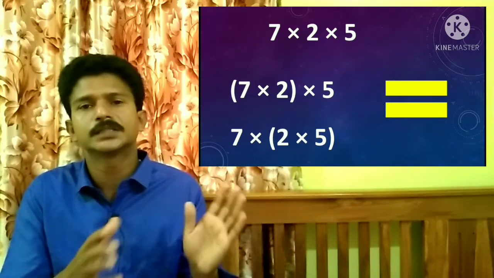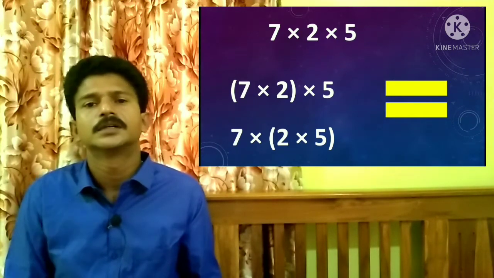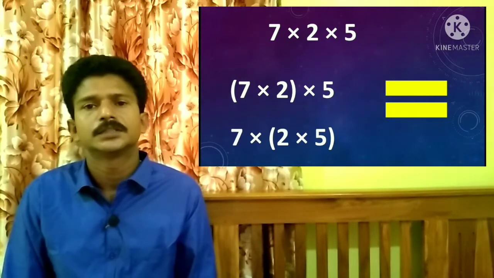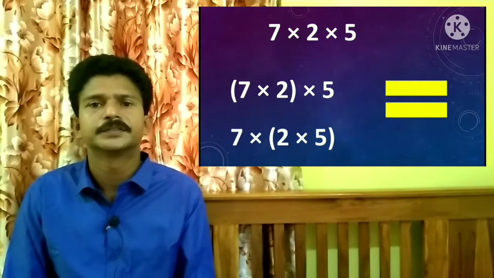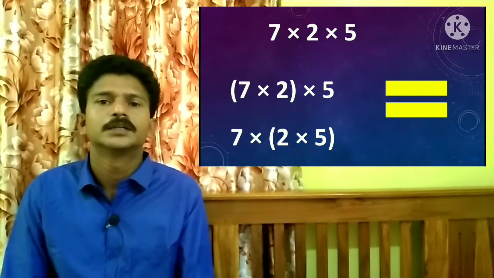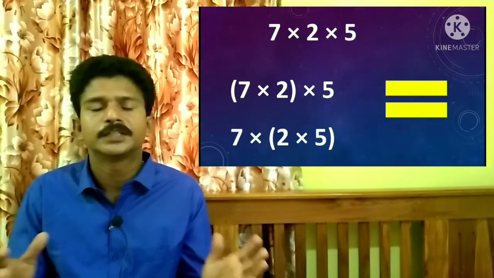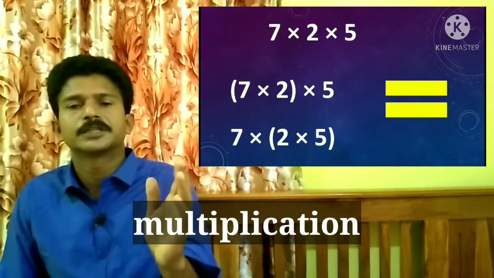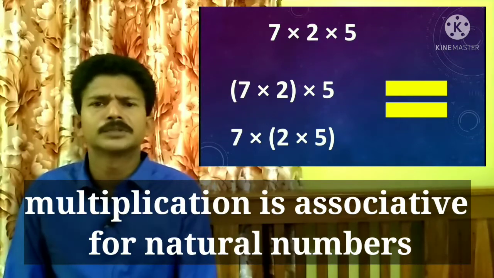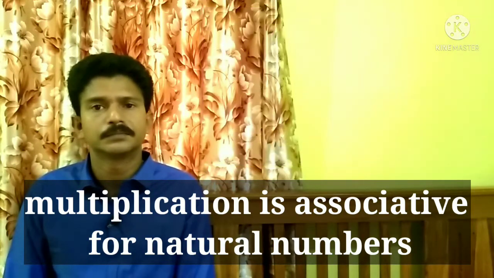So when you change the association, after changing the group, if we are getting the same answer, we can conclude about the operation we did in multiplication. So multiplication we did with natural numbers. So natural numbers are associative under multiplication.